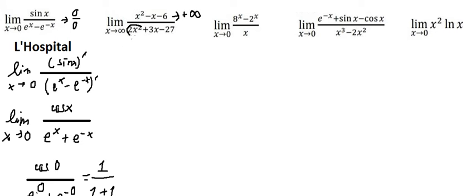Similar for this one, x squared, and the coefficient is 2. Positive 2 with x going to positive infinity, you get positive infinity. We know that positive infinity divided by positive infinity, we can use L'Hospital.